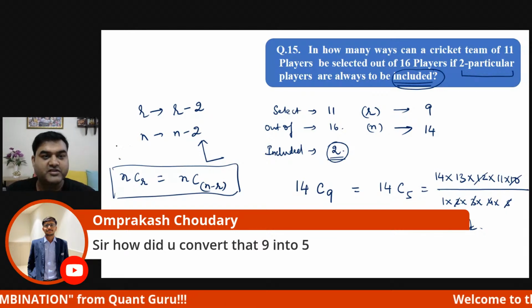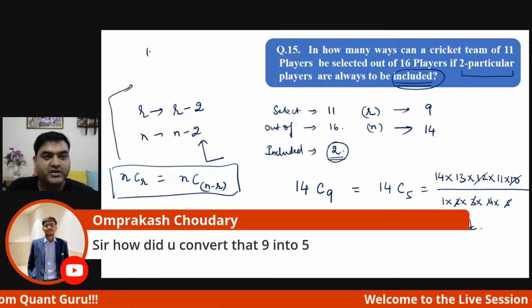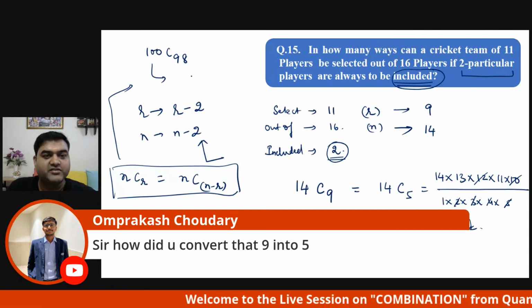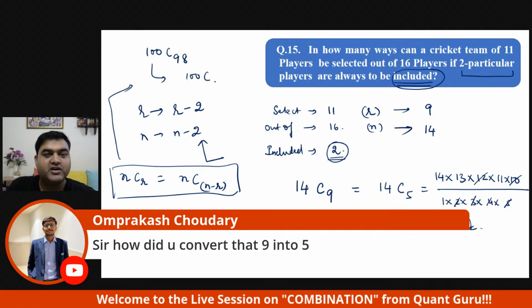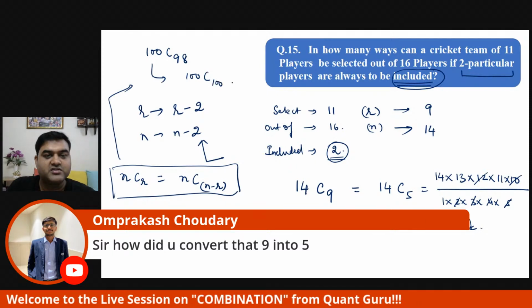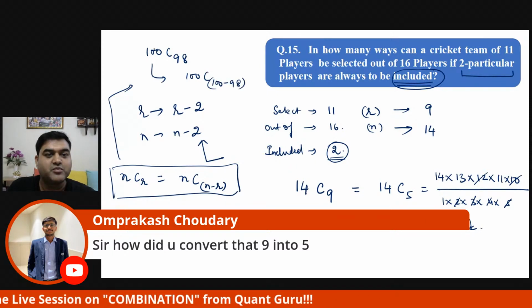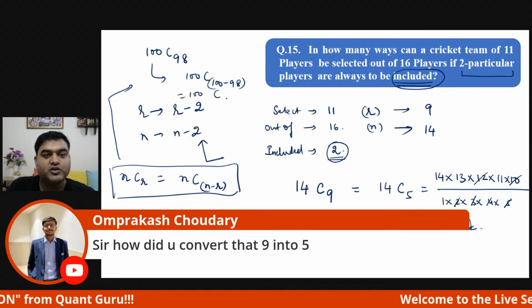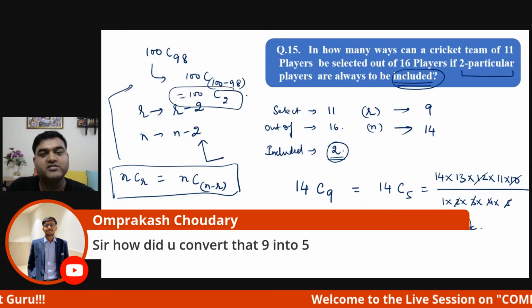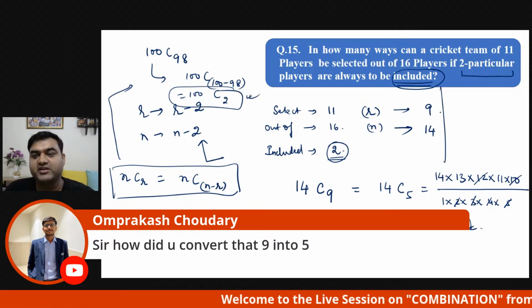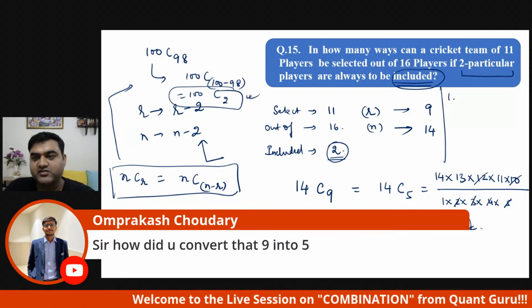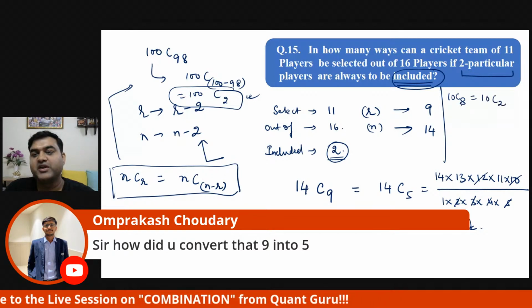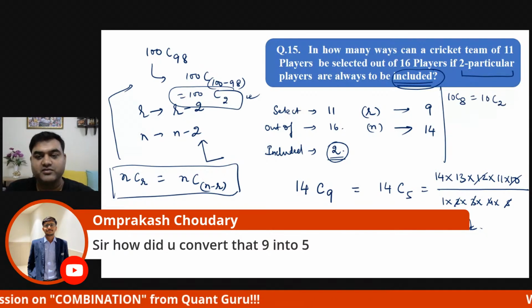If it is 100C98, it can be written as 100C(100 minus 98), which is equal to 100C2. Some examples we had done, like 10C8 equals 10C(10 minus 8), which is 10C2. That is how we have done this. Hope you understood.